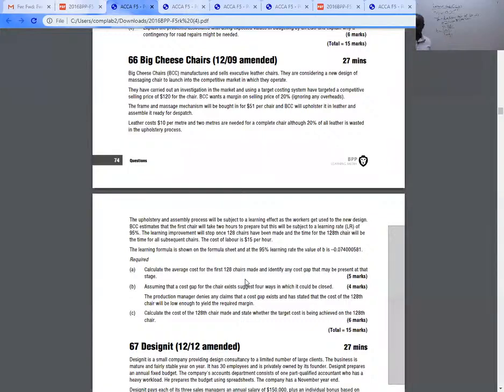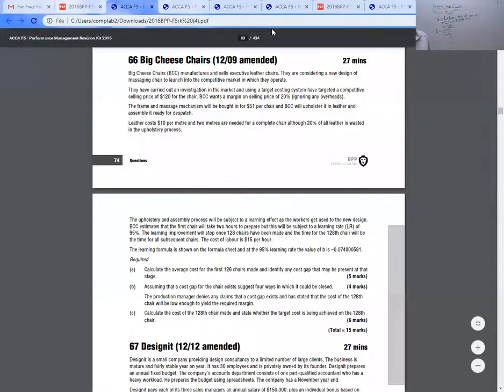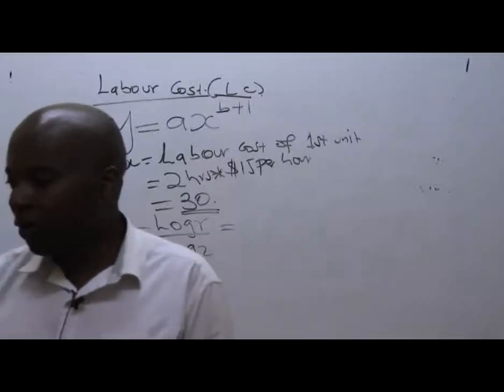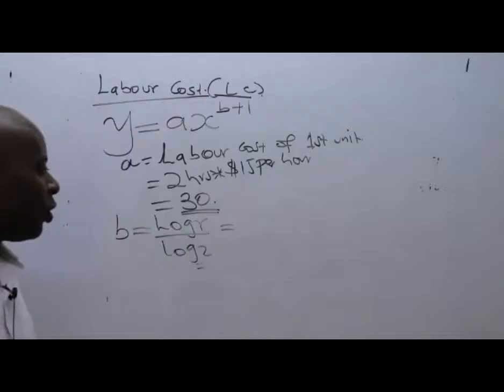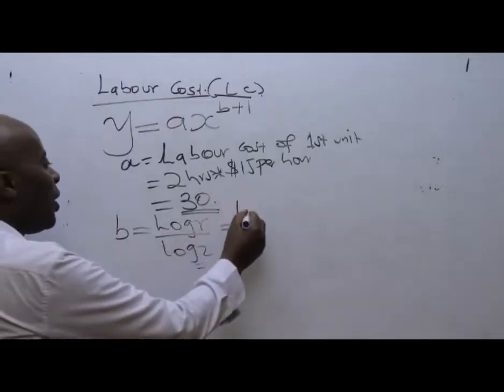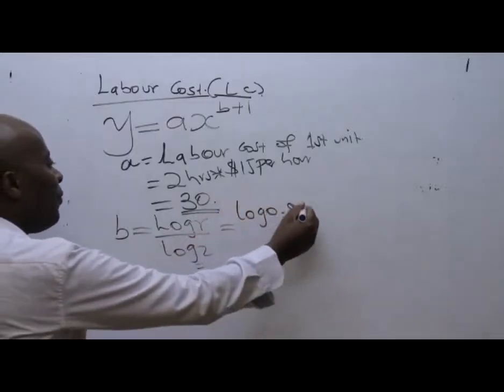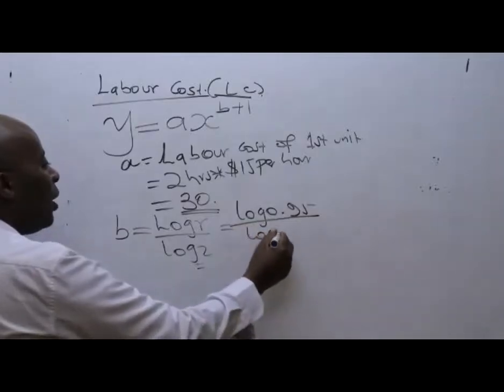Has the examiner given me the learning rate? Oh yes, he has told me it's 95%. So we have log of 0.95 all over log 2.